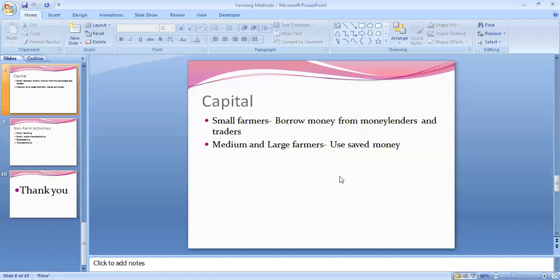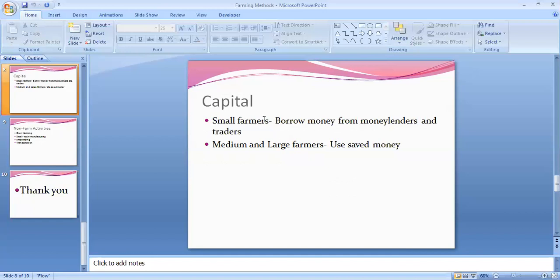This is the third factor of production, capital. We are discussing in this topic the arrangement of capital done by the small farmers and medium and large farmers. The small farmers have to borrow money to arrange for the capital.